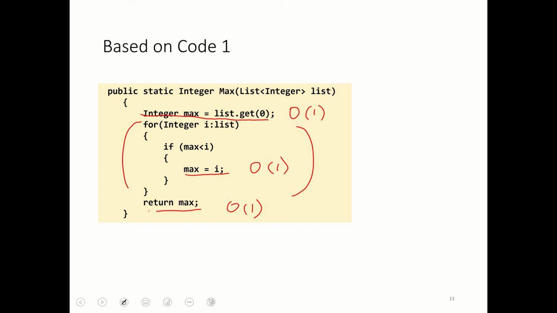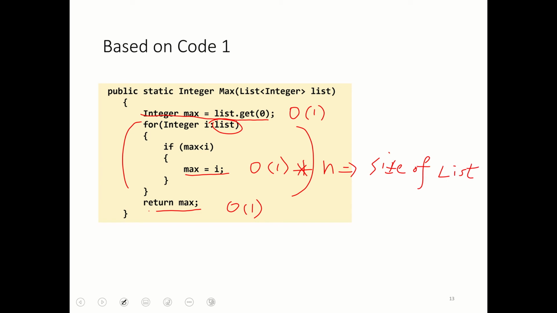Since this is a loop, based on the size of the list, this will repeatedly execute n times. This n is based on the size of the list.